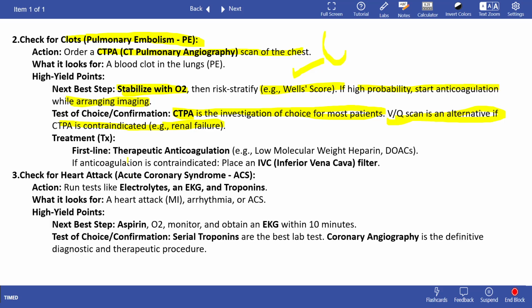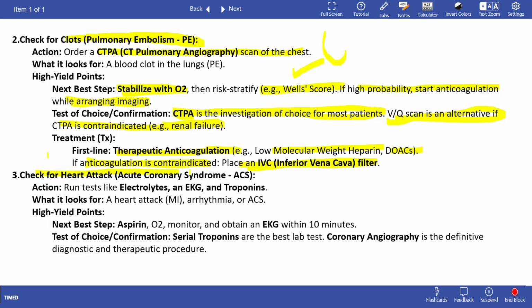The treatment for this is therapeutic anticoagulation such as low molecular weight heparin or DOACs. And you can also place an IVC filter if anticoagulation is contraindicated, such as in a patient who has had recent surgery.